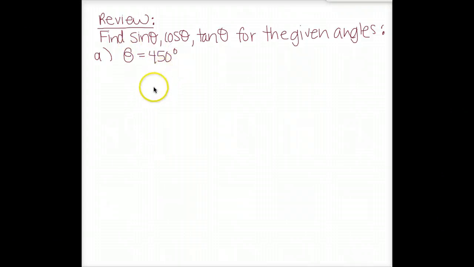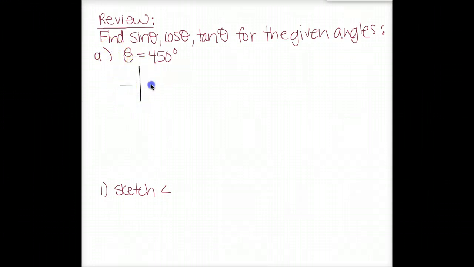This is actually try these part B on page 496 if you'd like to put it in there. So remember the steps that we talked about, the first thing that you always have to do is to sketch the angle. So I need to sketch 450 degrees.